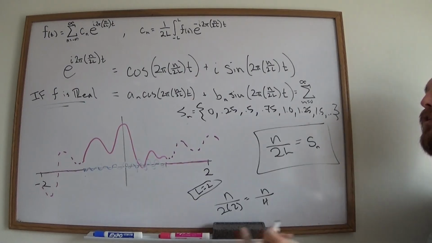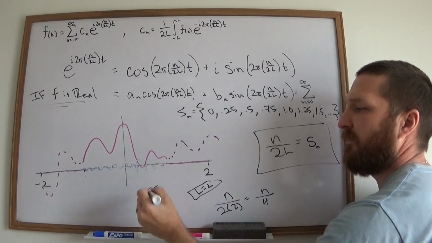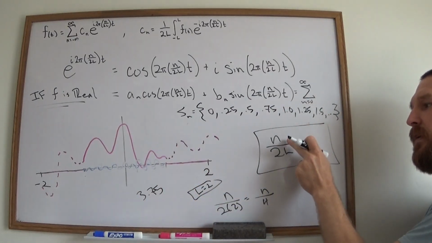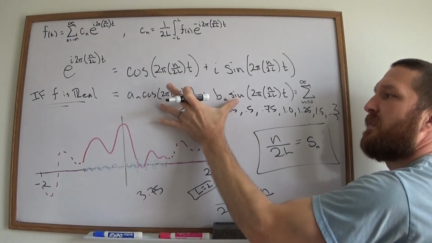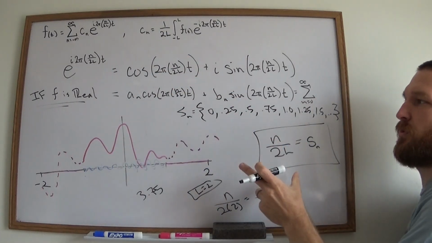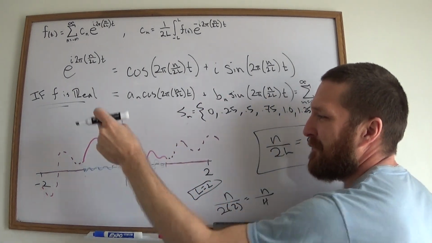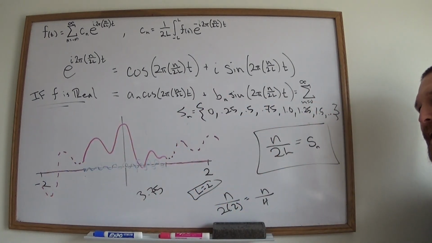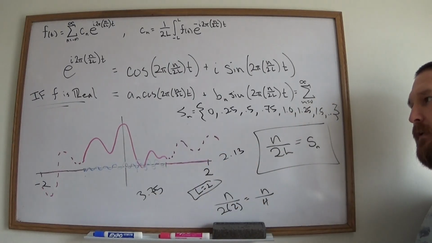Now, if we were looking for a frequency that was, say, 3.75, we'd be able to find the correct n to plug into here to find out how much of these make up my original function. But again, if I did this, I wouldn't be able to get my 2.13 that I was looking for.